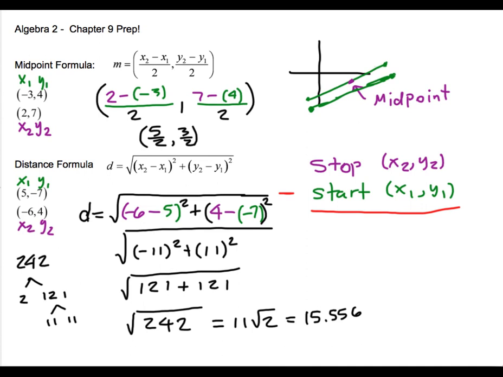Usually what we're going to want to do is stick to 11 square roots of 2. So there's your distance formula and your midpoint formula as a little practice for what's coming up.